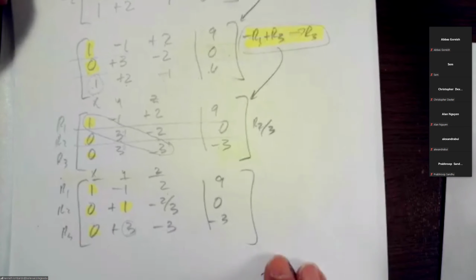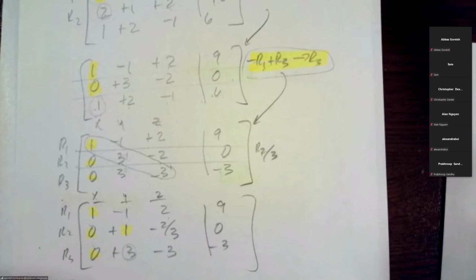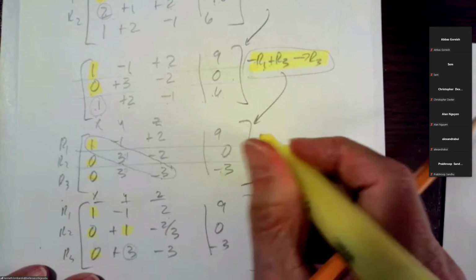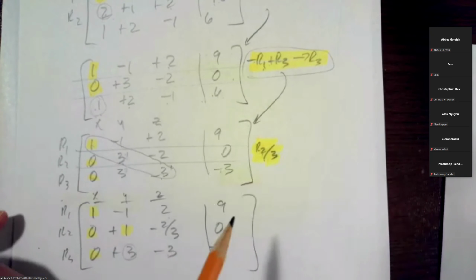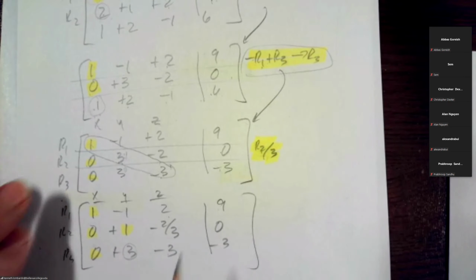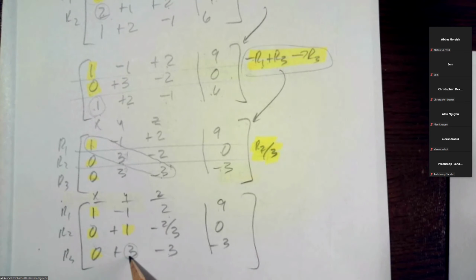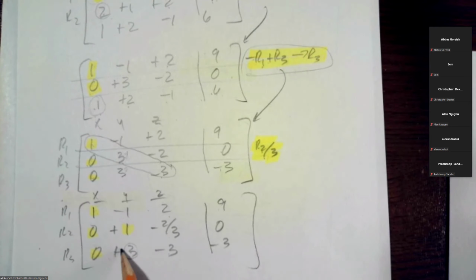And before I do a new operation, questions on anything we've done so far? We're just going to continue using these operations. Okay. So let's see here. I got 1, negative 1, 2, 2/3.